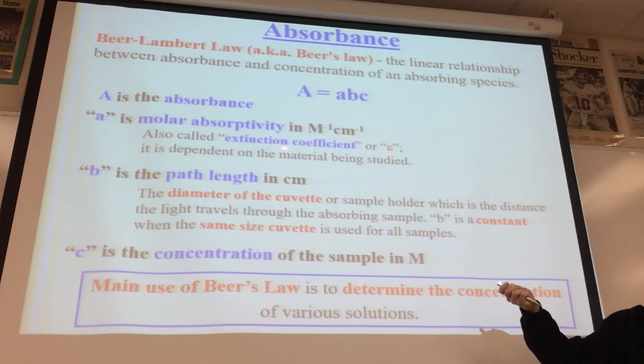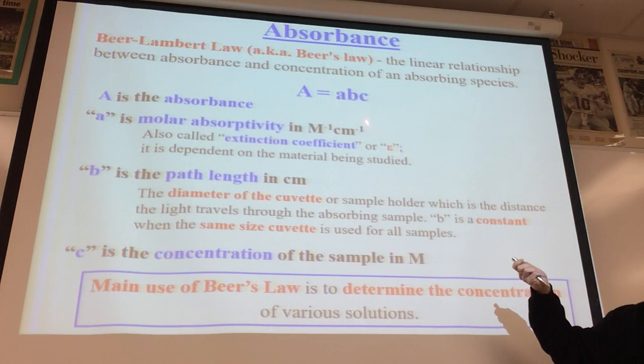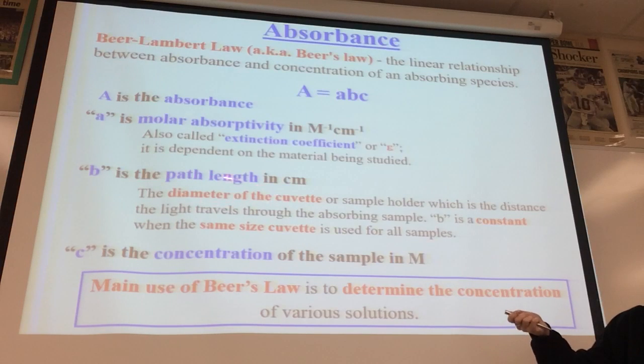This is your extinction coefficient or your molar absorptivity. Typically it's a constant, although in your pre-lab you're going to calculate it. B is the path length in centimeters. This is the diameter of the cuvette. The cuvette is the glass tube that holds your sample. And C is for concentration in molarity.